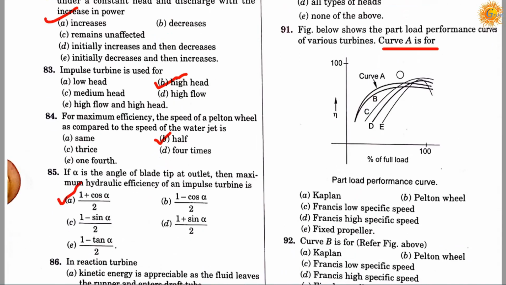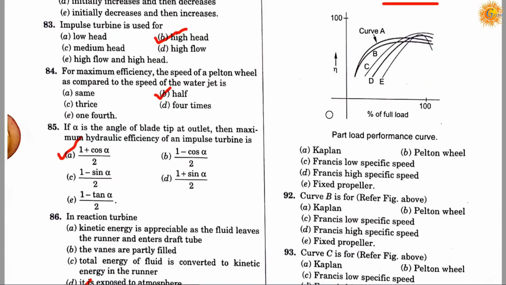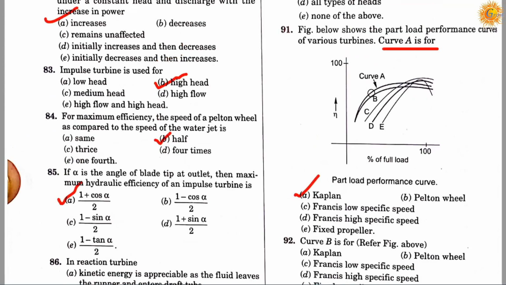The question is, curve A is used for what? Option A Kaplan, option B Pelton wheel, option C Francis low specific speed, option D Francis high specific speed, and option E is a mixed propeller. So correct answer is A. It means this curve A is used for the Kaplan turbine.